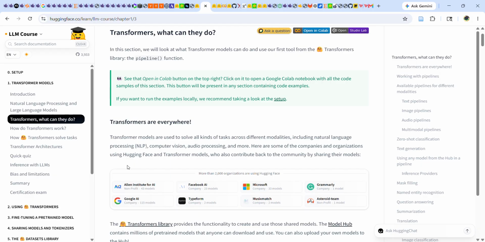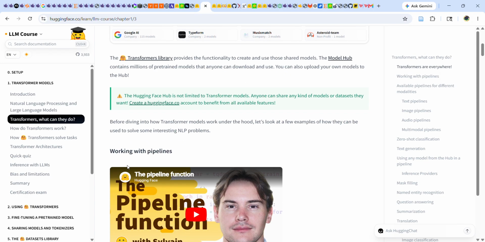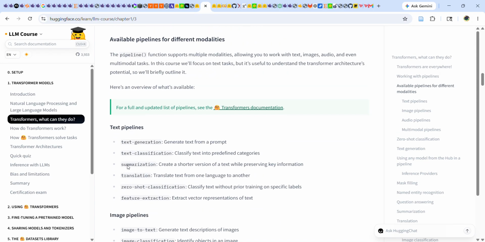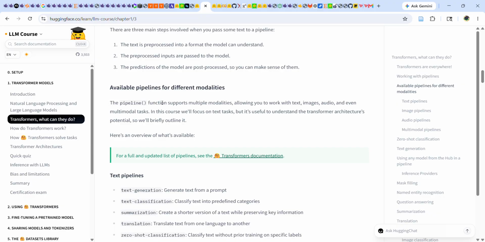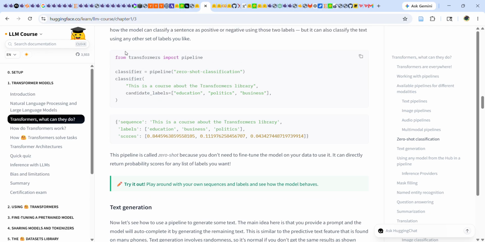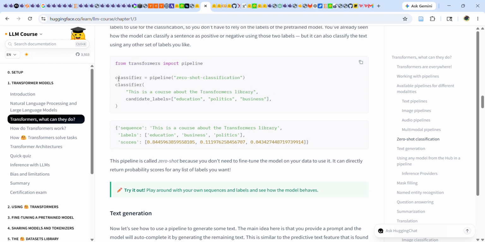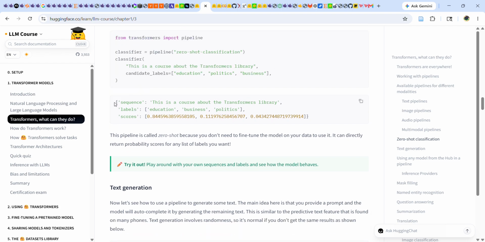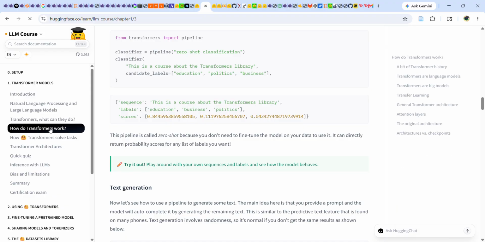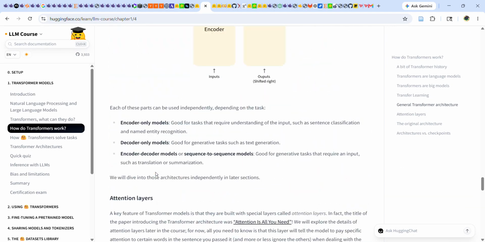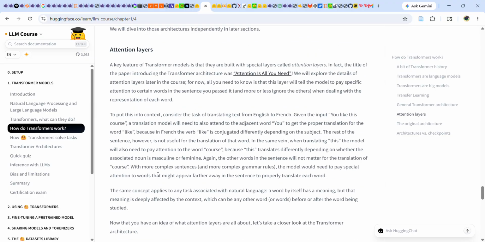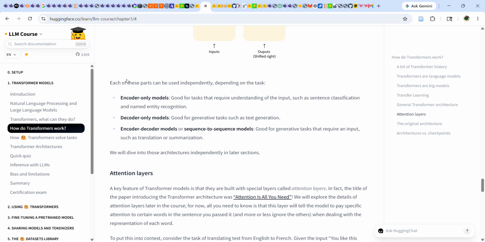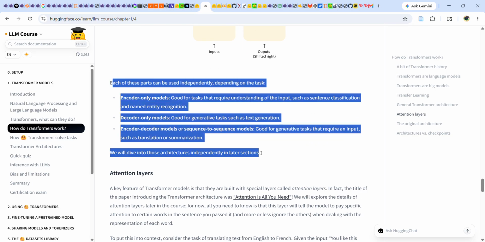Transformers are used to solve all kinds of tasks, and the transformers library has a function called pipeline. From the transformers library, we import this pipeline function and create an object, and then we can just get those answers. Each of these parts can be used independently depending on the task.